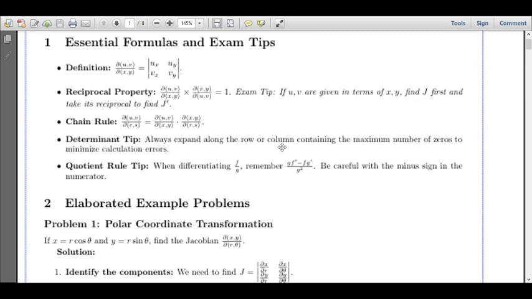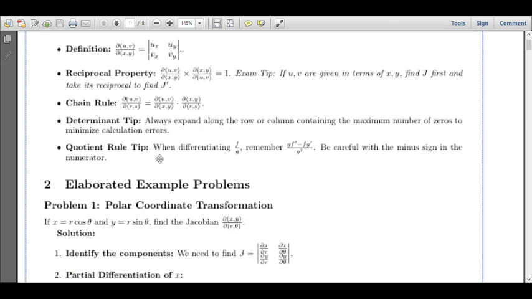That means we make any row or any column contain the maximum number of zeros by using some row operations, column operations or algebraic manipulations, and expand the determinant by that row or column, which gives the final result, and the final result must be accurate.